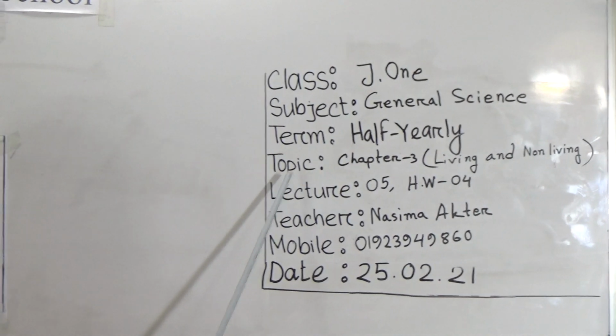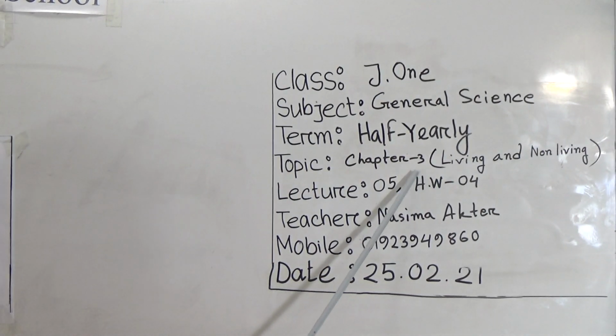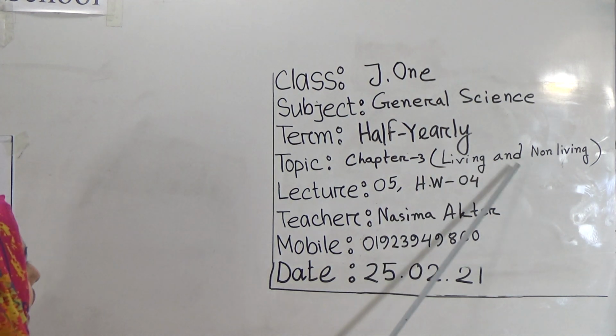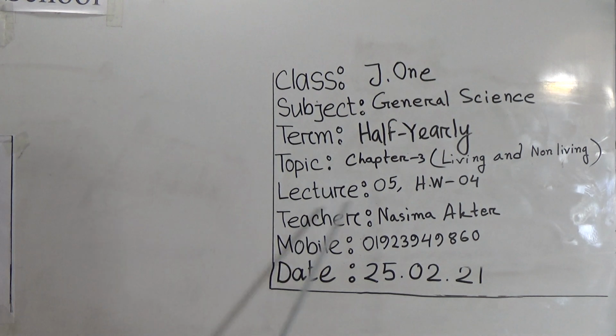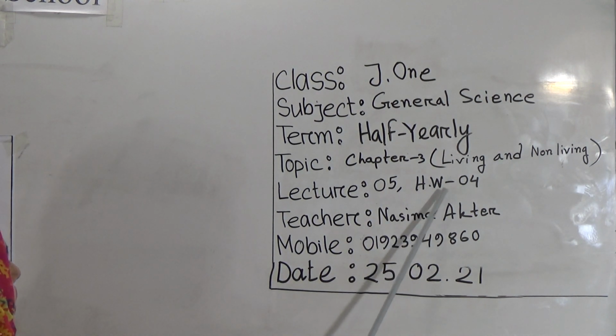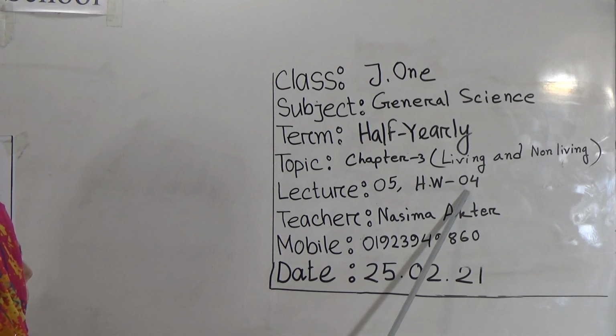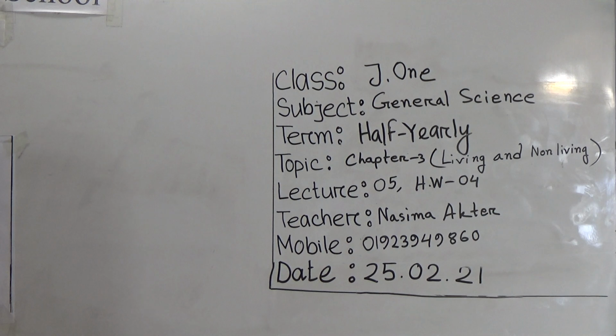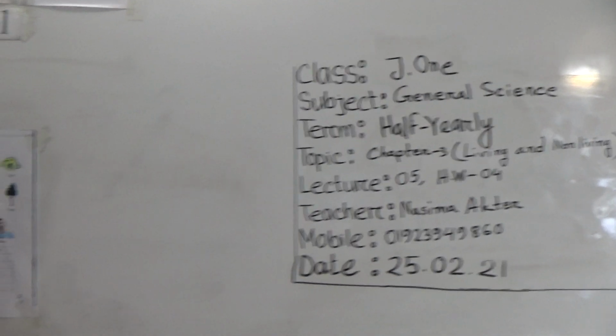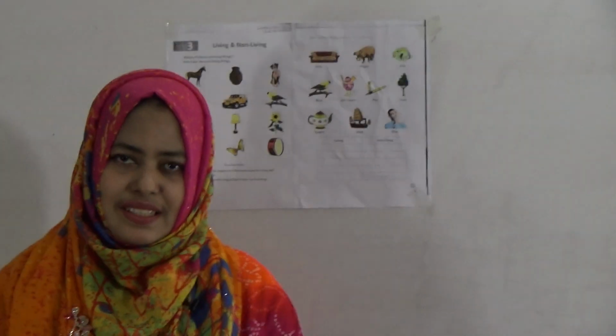Our today's topic is Chapter 3, and the name of this chapter is living and non-living. This is lecture number 5, and our today's SW is 4 number SW. So dear students, let's start today's class.